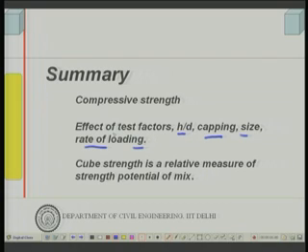Just repeating the same thing, capping and H by D ratio, these two factors are mainly because of what is called platen effect, or the effect of restriction to lateral movement.